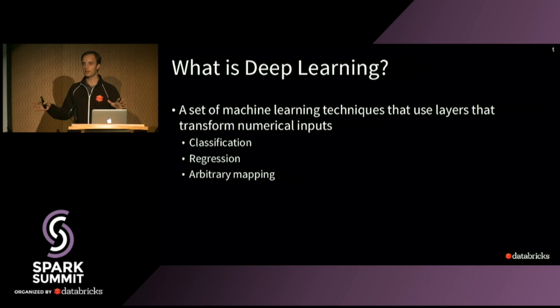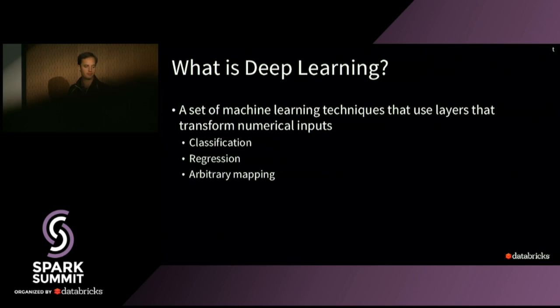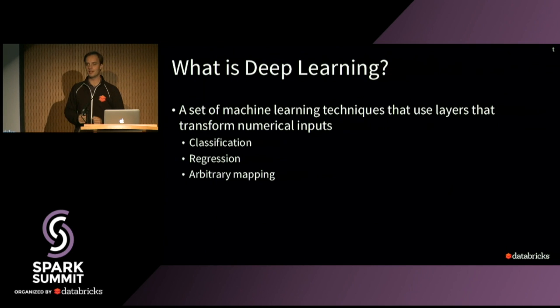Just to make sure that everybody is on the same page here, what do we mean by deep learning? You can find a lot of definitions, but I think the one that is the most practical and the most intuitive is that you can think of deep learning as a way to express very complex transforms in a way that is essentially layered.